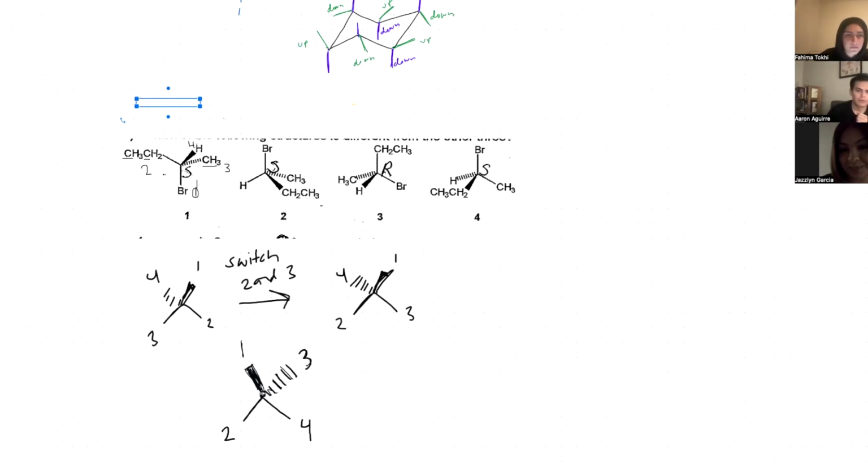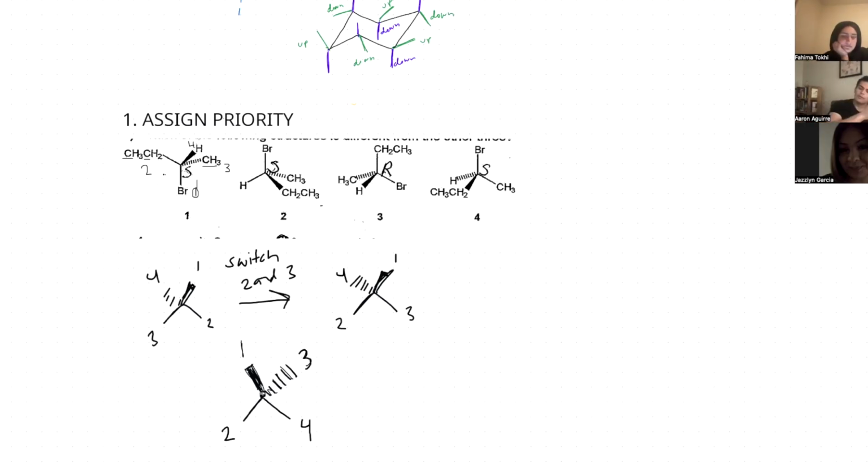So when you have a chiral center and you swap any two groups, you change its handedness. If you have a chiral center that is S and you swap two groups, like their positions, the molecule becomes R, right?